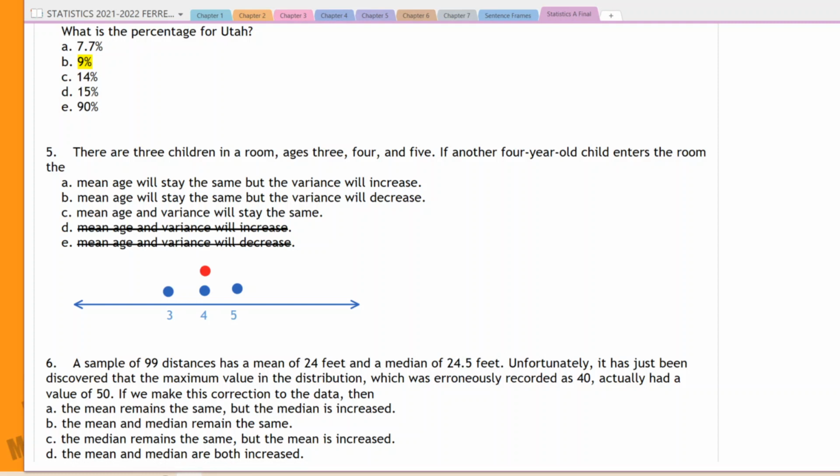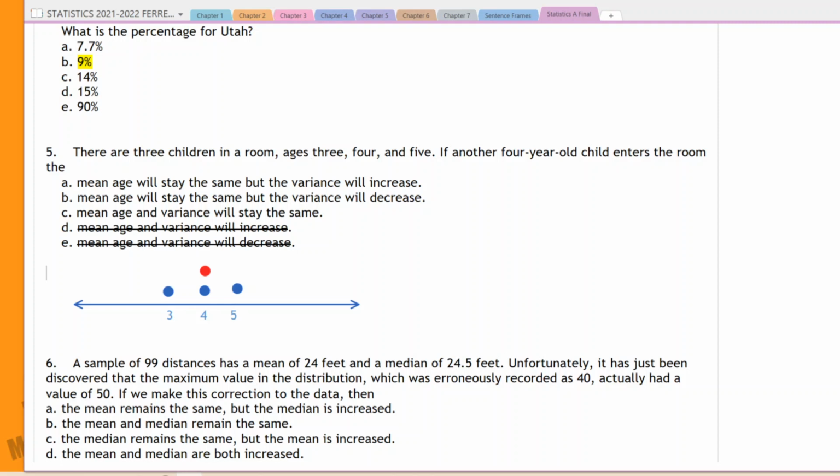This typical center value is still going to be 4. So the mean age is going to stay the same, but what's going to happen is that we have weighted the center of this distribution more. So we went from a uniform distribution to a single peak symmetric looking distribution.